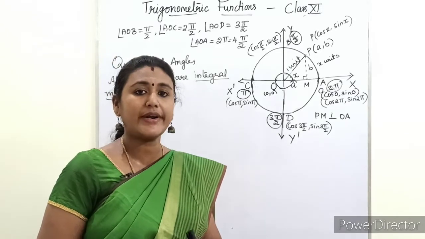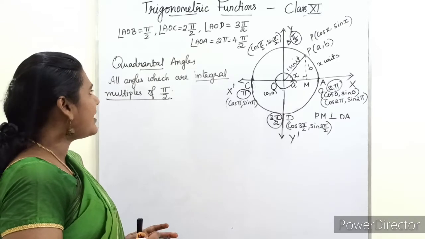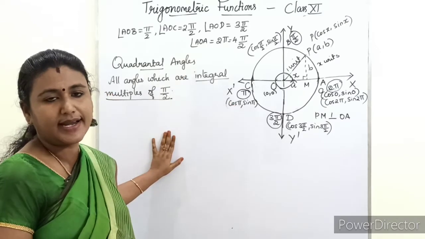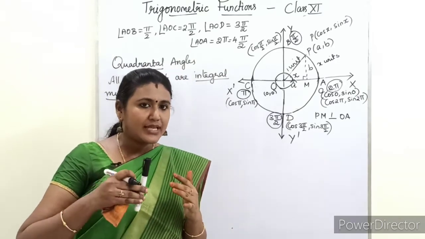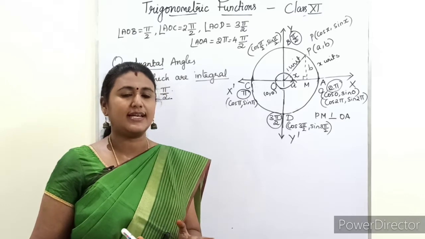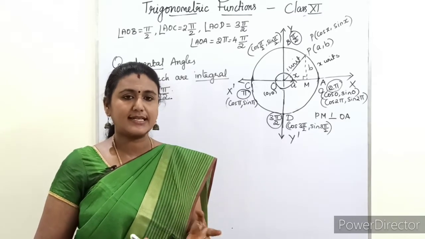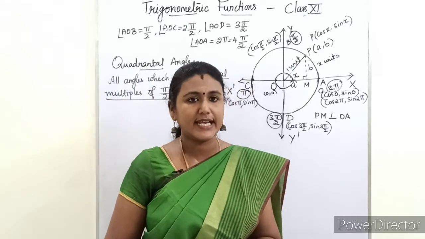Now we are going to see what is the value of sine and cos at these quadrantal angles, because in class 10 our discussion was only up to acute angles. You have studied the trigonometric ratios of special angles such as 0 degree, 30 degree, 45 degree, 60 degree, 90 degree.